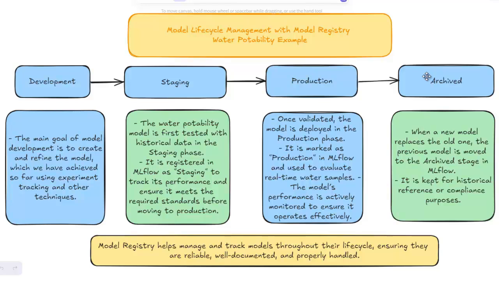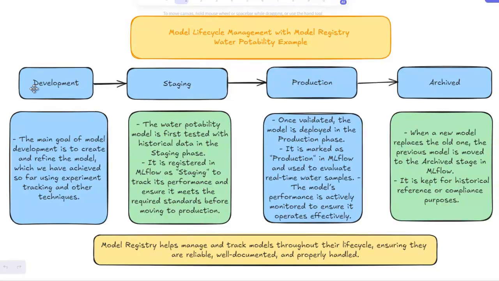This is very important. Let's start with development. The main goal of model development is to create and refine the model, which we achieved so far using experiment tracking and other techniques. Now let's move to the next stage of the model lifecycle, which is staging, also called the testing phase of the model.